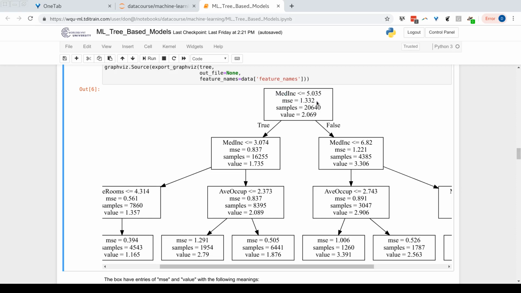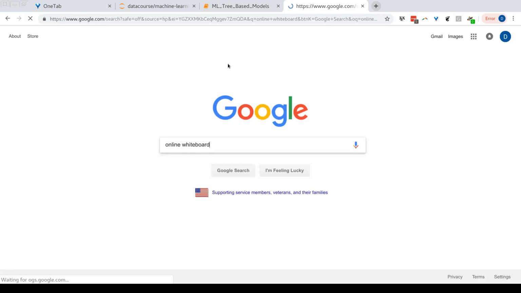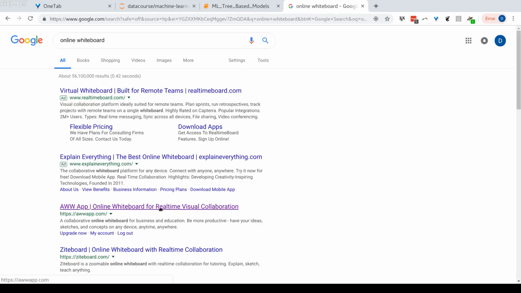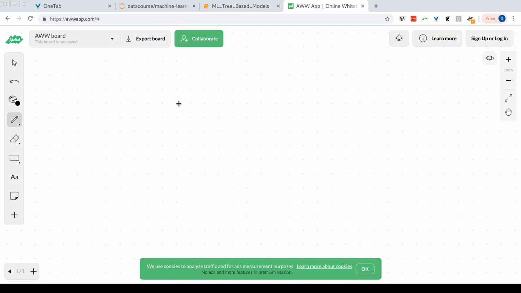MSE is going to be the mean square root error. If we go about predicting that all the training points that reside in this node have this mean value here, let's write down the equation for the mean square root error.